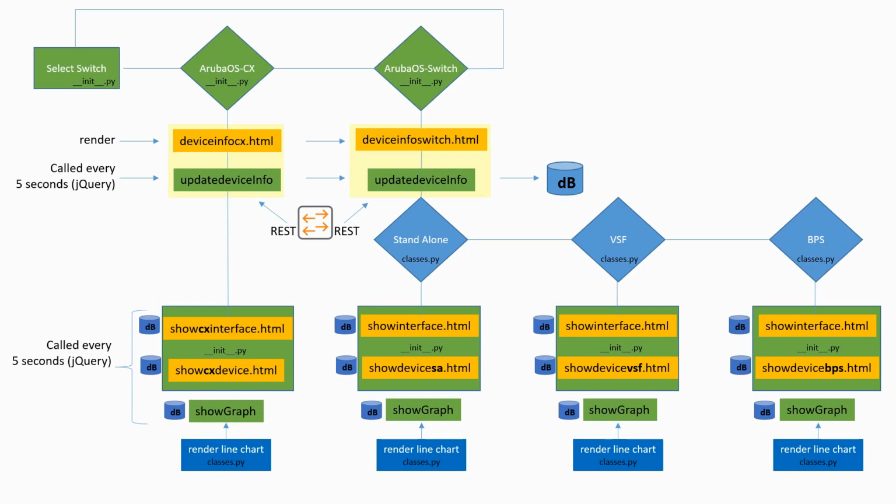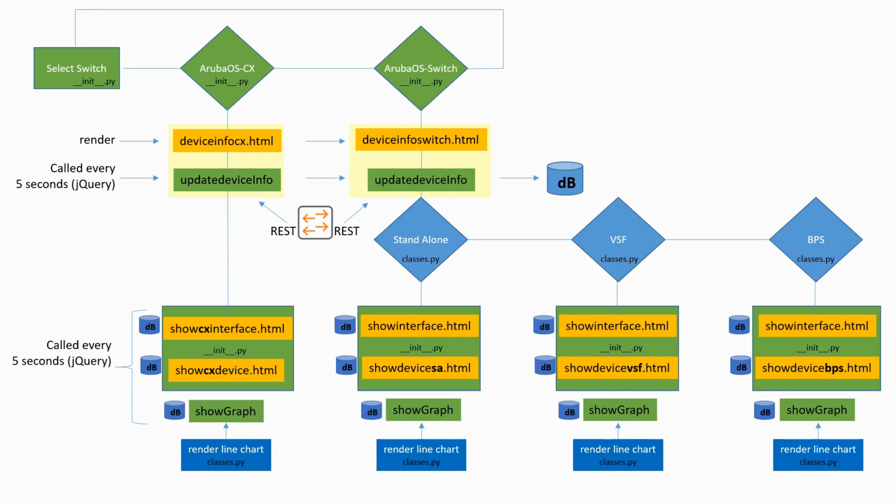This definition contains all the necessary REST calls that are needed to obtain information from the device, regardless of the device type. Once that information is obtained, it is stored in the database. So the update device definition performs all the REST calls, pulls all the relevant information from the switches and then stores that information into a database.